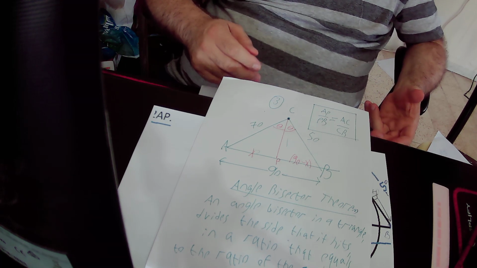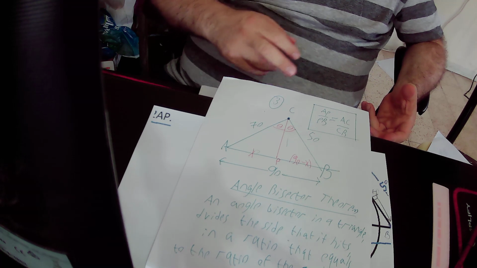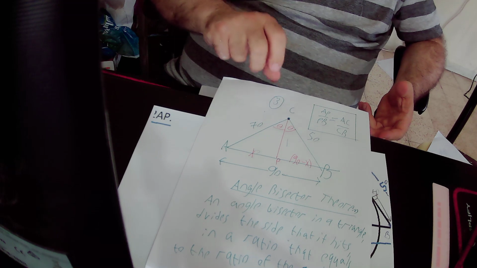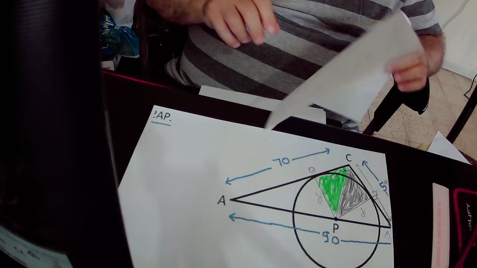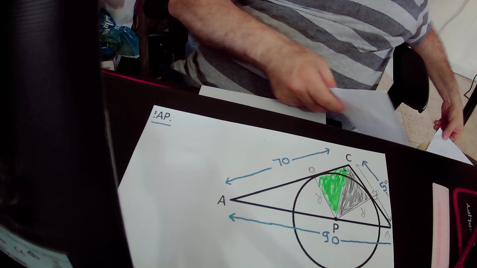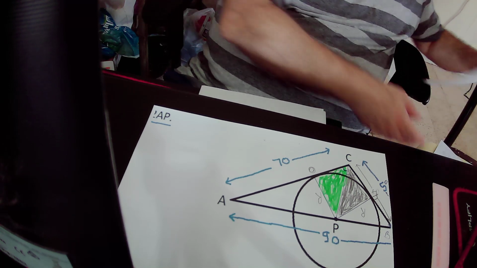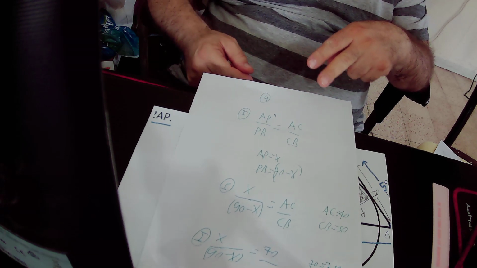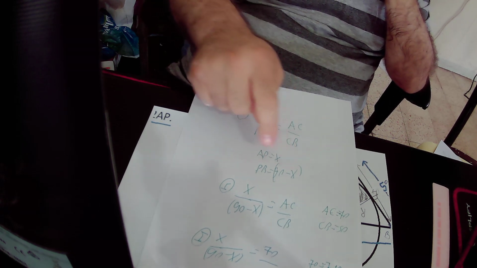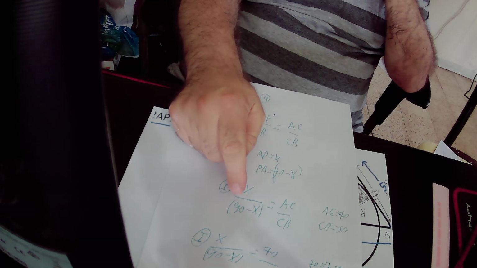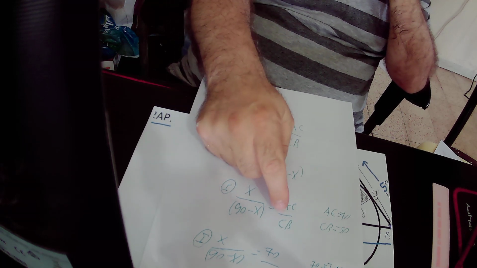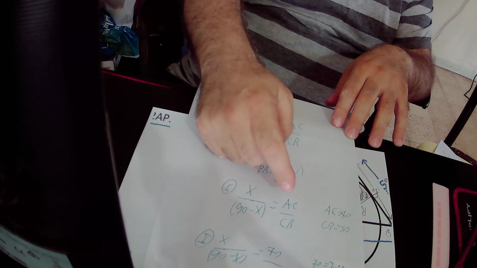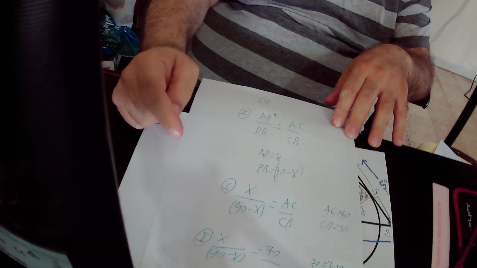We called AP x, and so PB equals 90 minus x. We actually created a very simple equation from the angle bisector theorem: x over 90 minus x equals AC over CB, but we know that AC equals 70 units and CB equals 50 units.